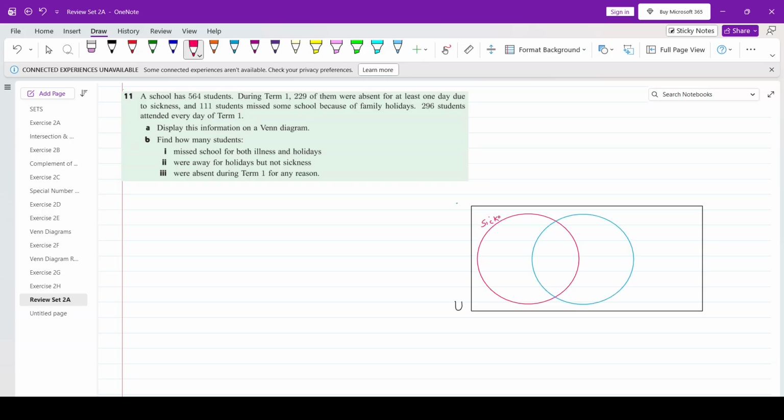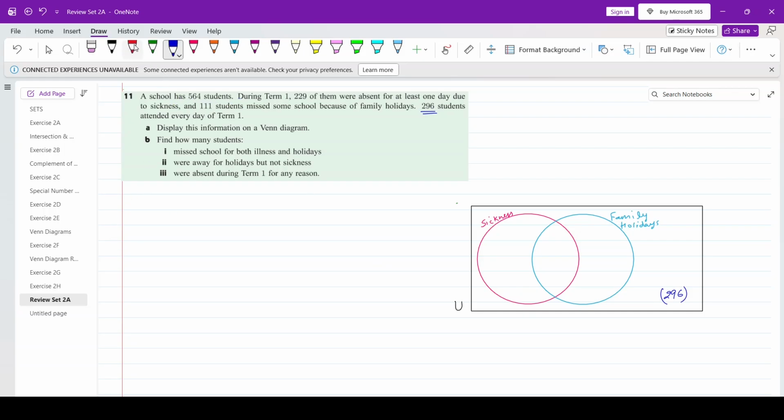This is for sickness, this is for family holidays. We know 296 students attended every day of term 1, so 296 is going to come here. We know there are a total of 564 students.